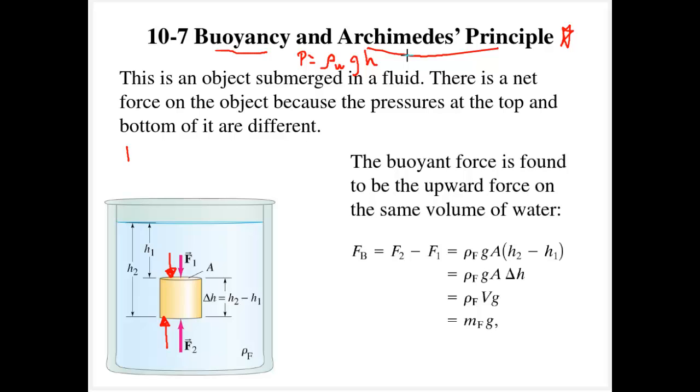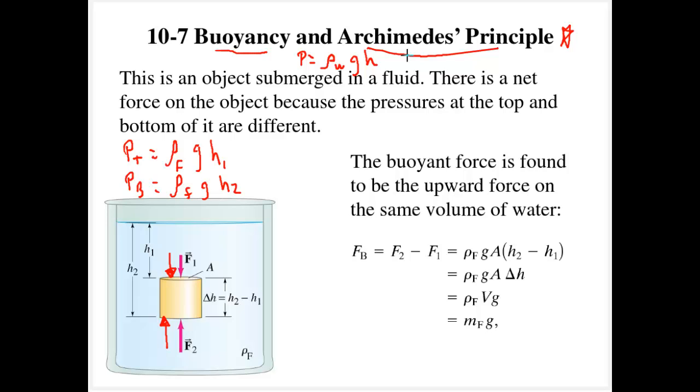So we know that the pressure at the top is going to be the density of the fluid times gravity times this height 1. The pressure at the bottom is going to be, again, the density of the fluid times gravity times height 2.